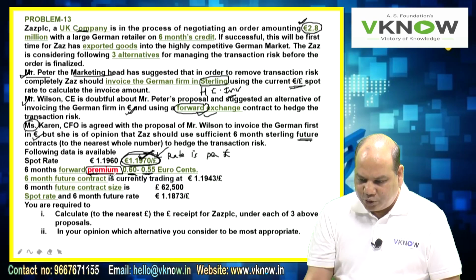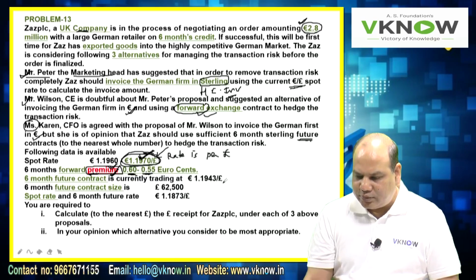Should I give importance to the word premium or to the rate which is in descending order, high, low format, which means discount? So I will give importance to the word premium and I will add these numbers to get the forward rates. The 6 month future rate is currently euro 1.1943 per pound.